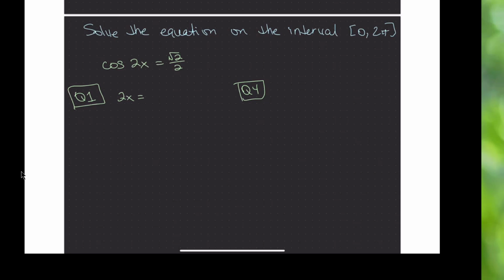Pi over 4. Pi over 4 for quadrant 1? Yep. So we know then that our 2x equals our pi over 4, right? And then we're going to add onto that 2 pi n.